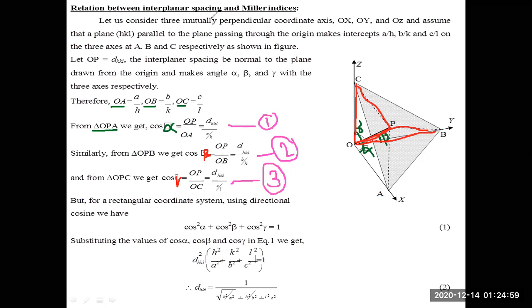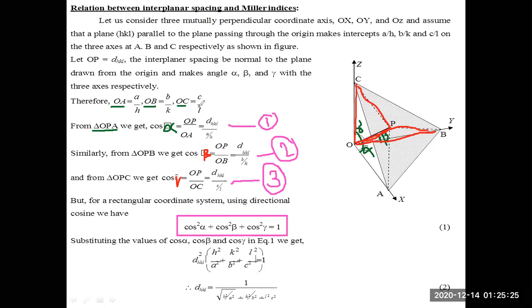So cos square alpha plus cos square beta plus cos square gamma is the directional cosine condition, and it is equal to 1. So I'm substituting the cos alpha, cos beta and cos gamma values from equations 1, 2 and 3.